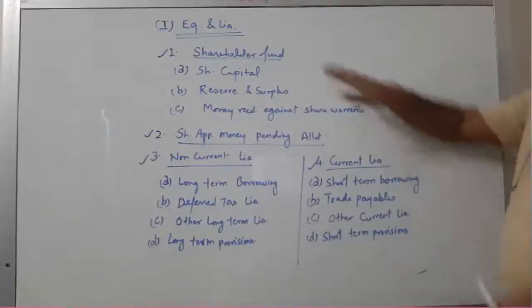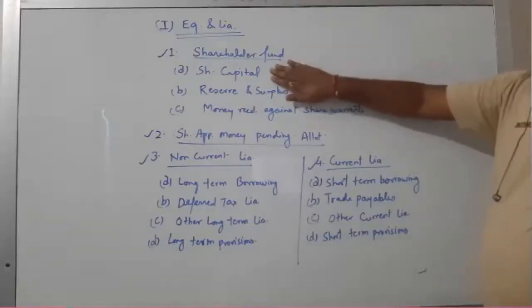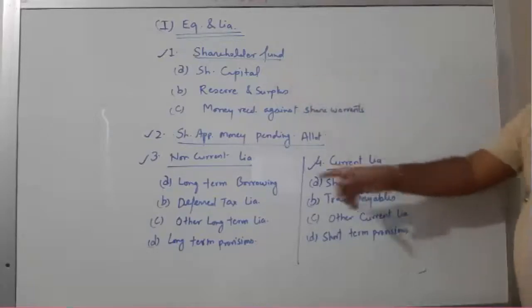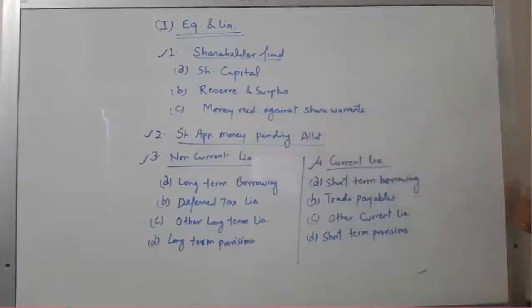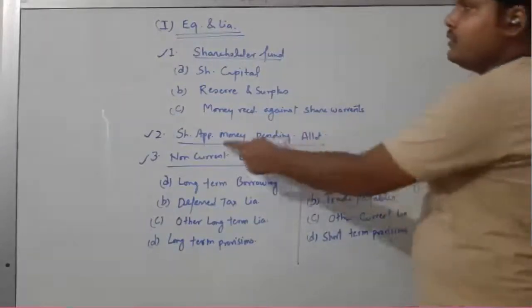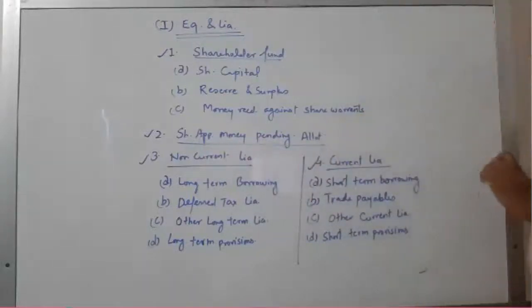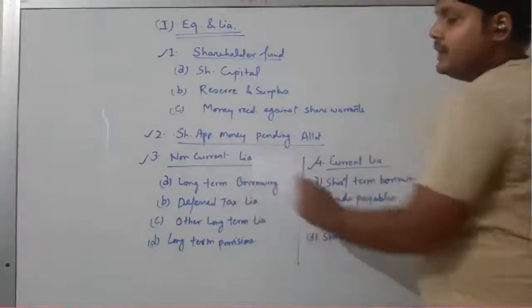So in the shareholder fund, the first head of the equity and liability side, the first subhead is share capital. Second will be reserve and surplus. Third will be money received against share warrants. The second head of the equity and liability is share application money pending allotment. The third main head is non-current liability.